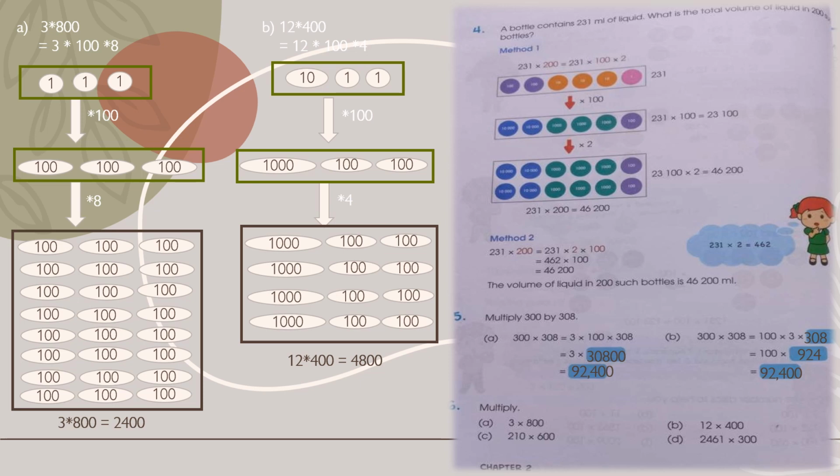For 12, we have 2 ones, 1 ten, and when these numbers are multiplied with 100, we have 200 and 1000. Now, these 3 discs are going to be multiplied with 4 or can be replicated 4 times. So we have 4,800.